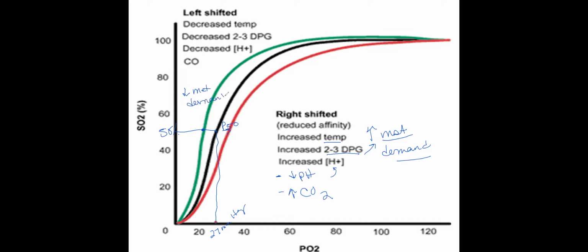So it's basically the exact opposite of what shifts it to the right. So a decrease in temperature, a decrease in 2,3-DPG, a decrease in hydrogen ion, an increase in pH, and a decrease in CO2. Now, carbon monoxide also shifts the oxyhemoglobin curve to the left.